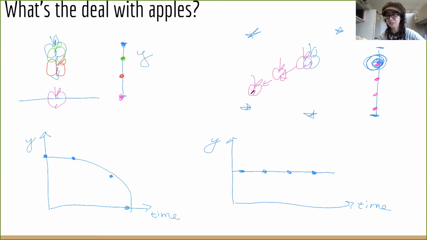And for the apple that's moving, I guess it would look something like this. It would also be moving in a straight line. That's not a straight line. Okay, that's even worse. Okay, sure, that's close enough.